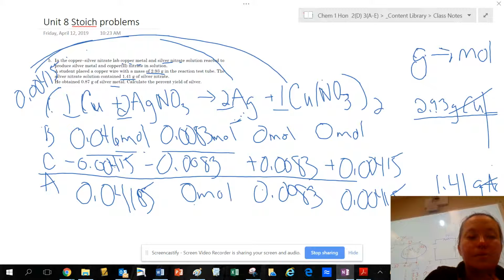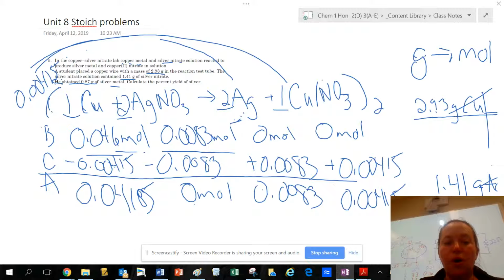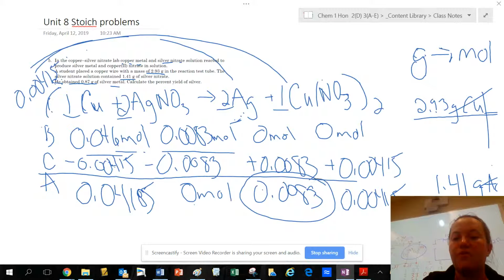So the problem, going by, my gosh, I can't believe we're this long. The problem said that the student, when they did the lab, obtained 0.87 grams of silver metal. Calculate the percent yield. So that means I need to figure out theoretically from this number of moles of silver, how many grams of silver in theory should I produce?